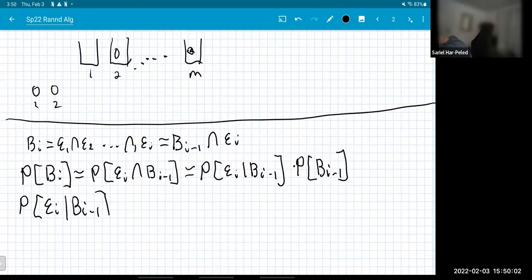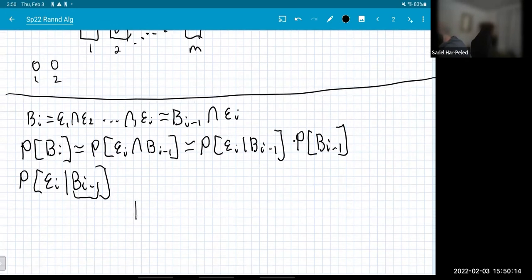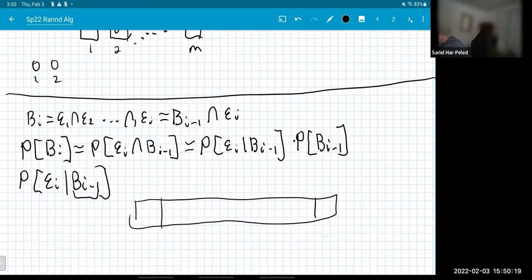What is this conditional probability? This is the probability that the ith ball falls in its own bin, given the first i-1 balls fell in their own bins. Think about the bins just as an array going all the way to m. We have i-1 locations that are occupied, those used by the first i-1 balls, and those are exactly i-1 locations because we assume that Bi-1 happens.